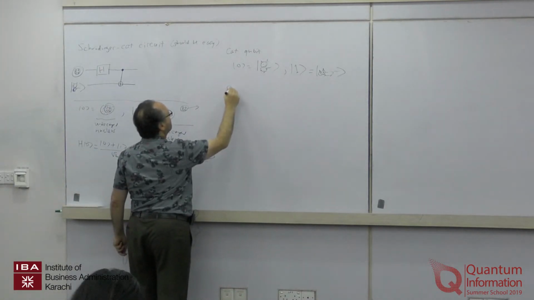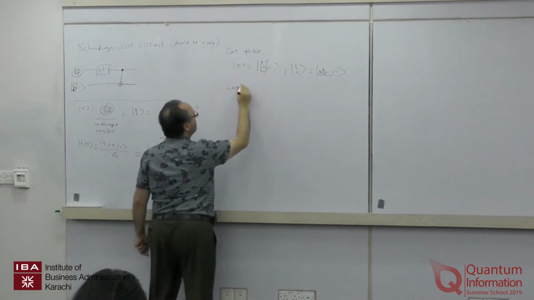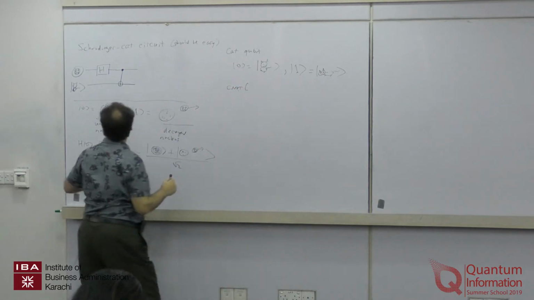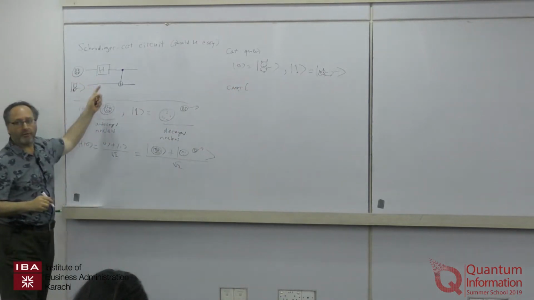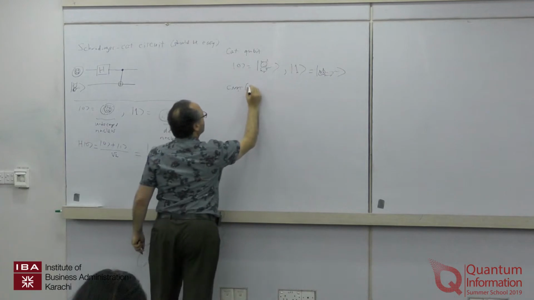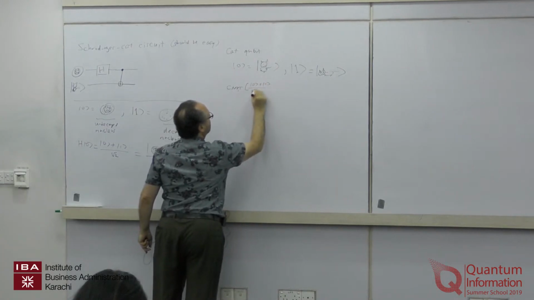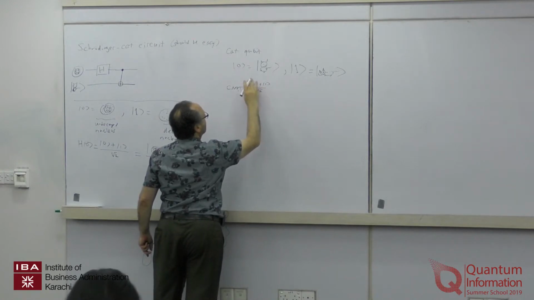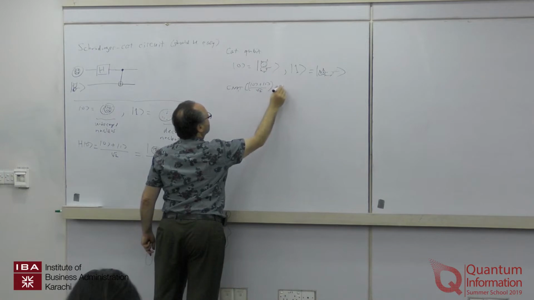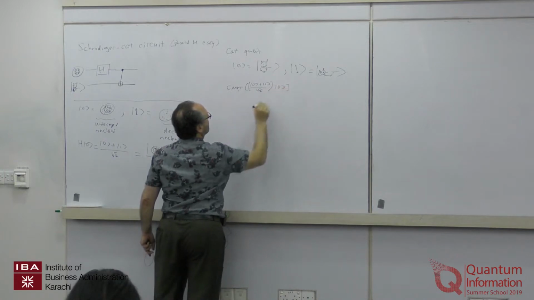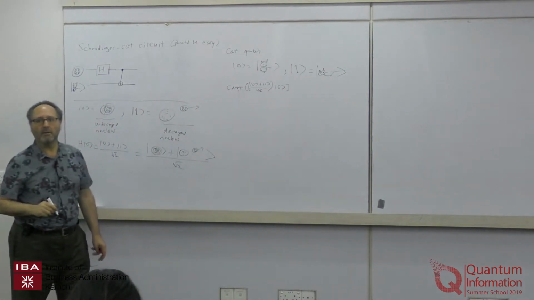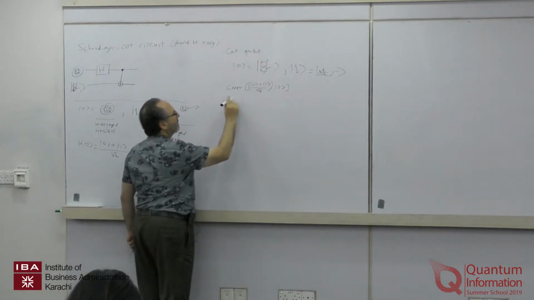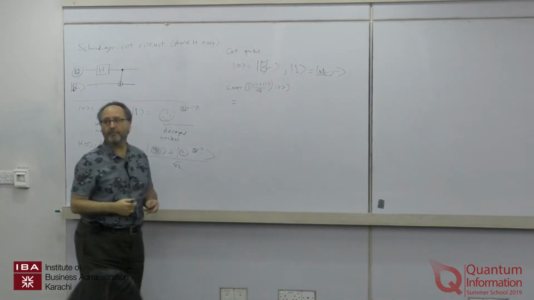So we have C0 acting on, at this place, the first qubit, which is 0 plus 1 over root 2, and the second qubit is 1. So what's the next step?